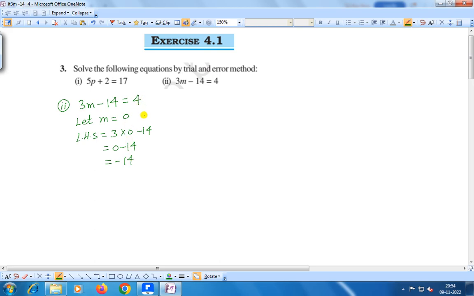Minus 14 is not equal to right hand side, therefore left hand side is not equal to right hand side. Right? Let us take another value. Let us take m is equal to 1.